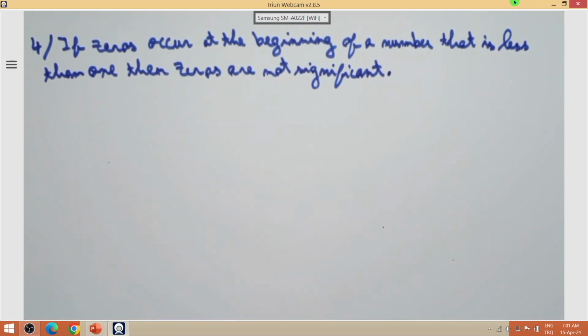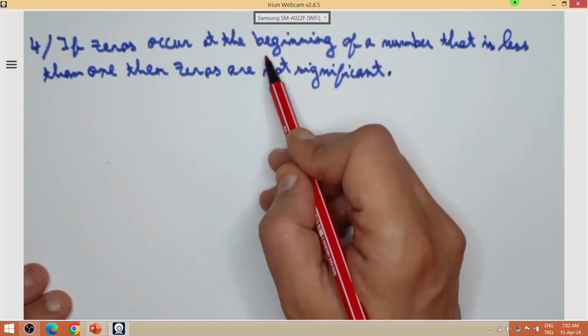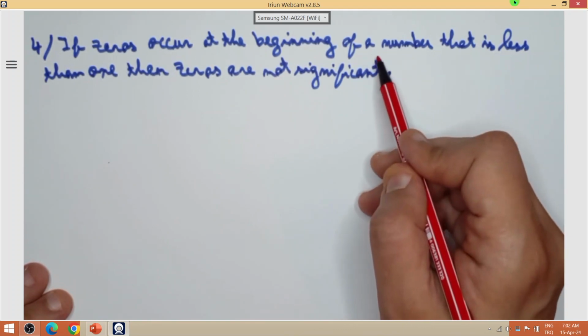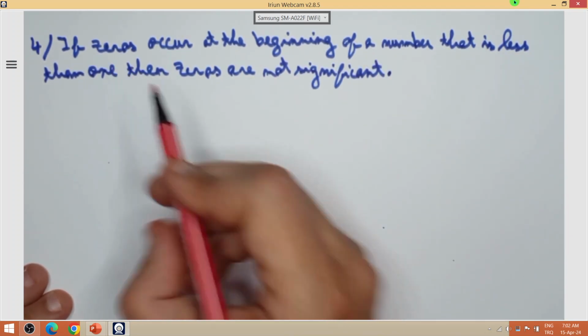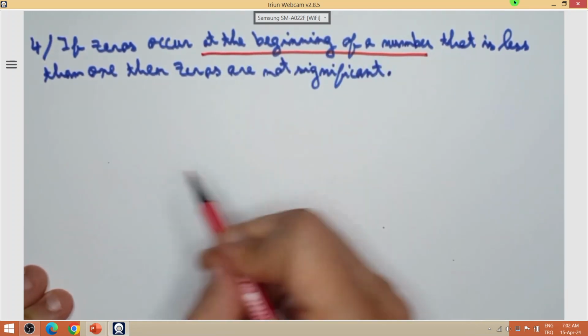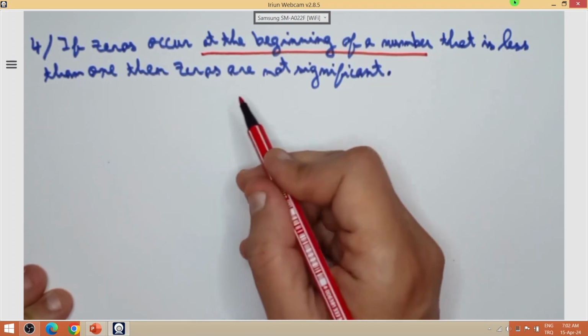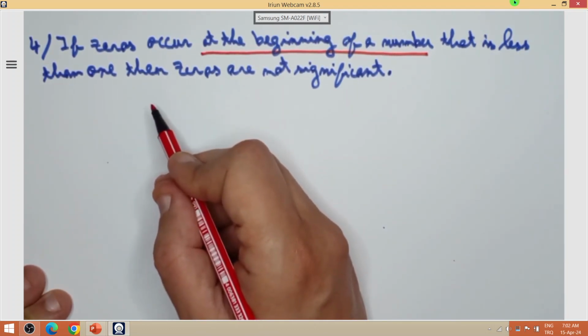So this is note 4. Note 4 says that if zeros occur at the beginning of a number that is less than 1, then zeros are not significant.